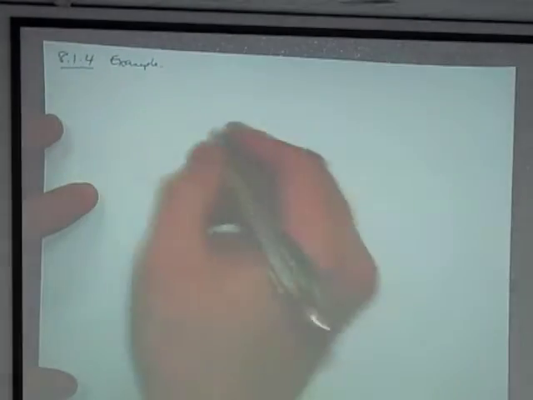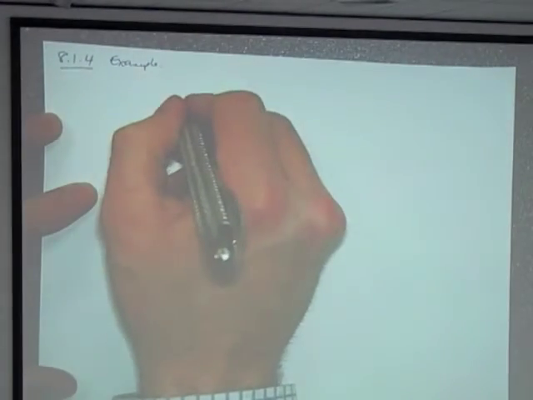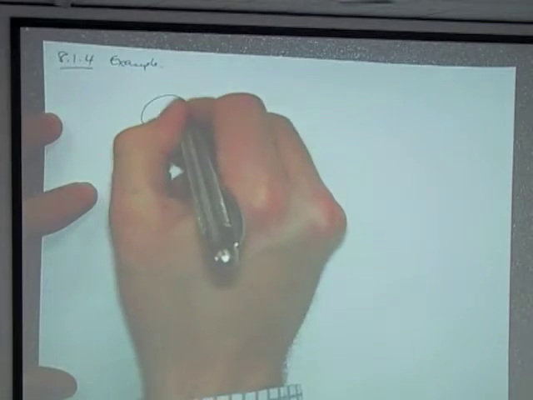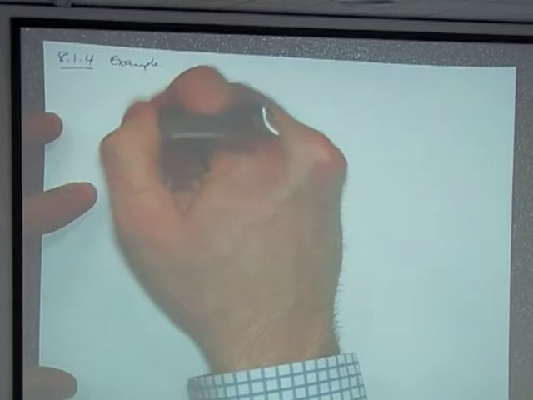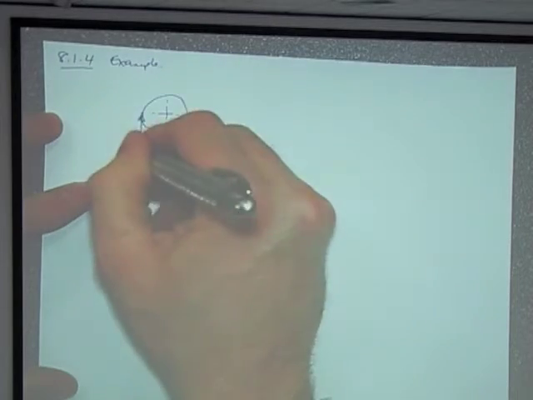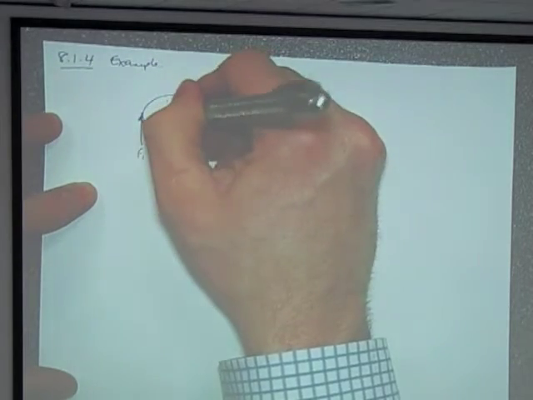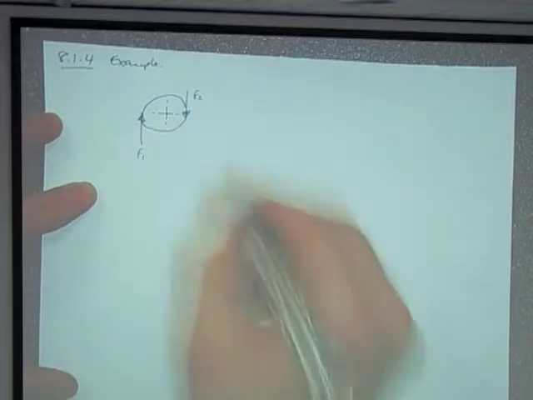What we've been given is a disk. Again, it should be a circle, it's not, but there we go. We've got a force being applied here, that's F1, and a force being applied here, that's F2.